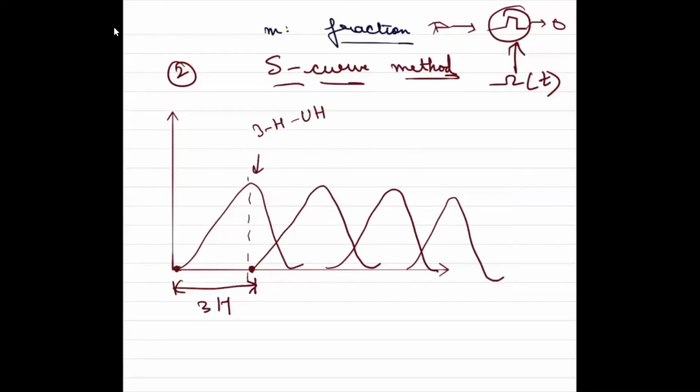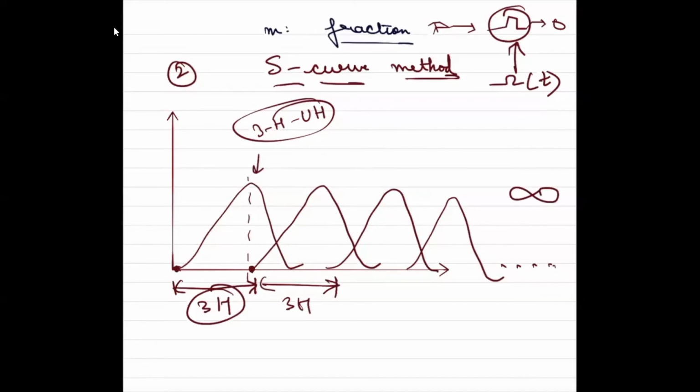That's what lagging by 3 hours means. I am lagging it by the same duration as my unit hydrograph. If I do this infinite times, can you tell me how the resultant curve is going to look like?